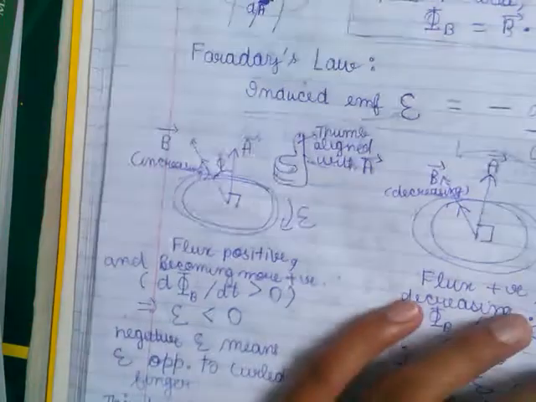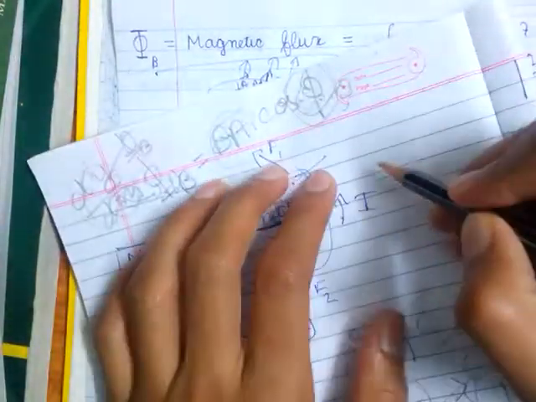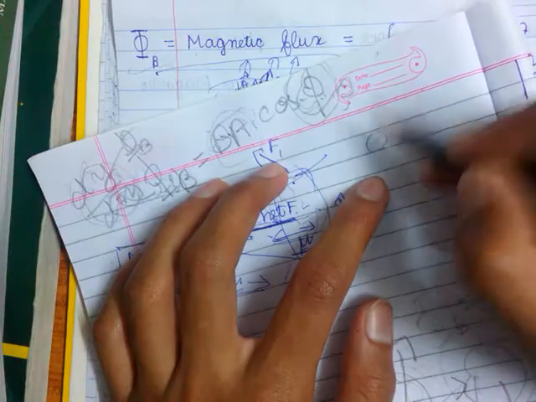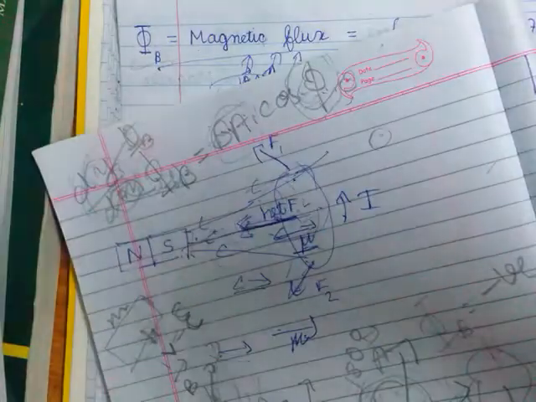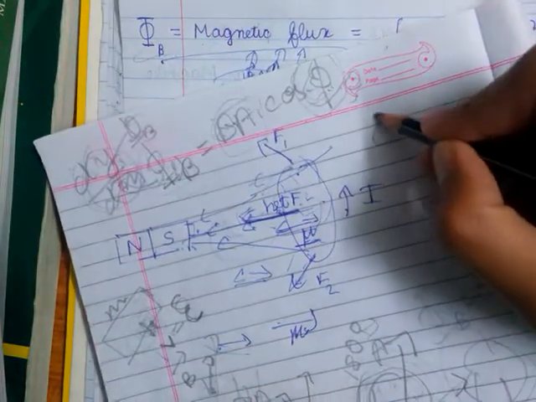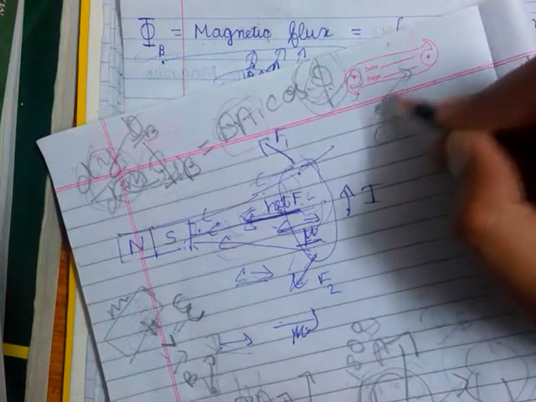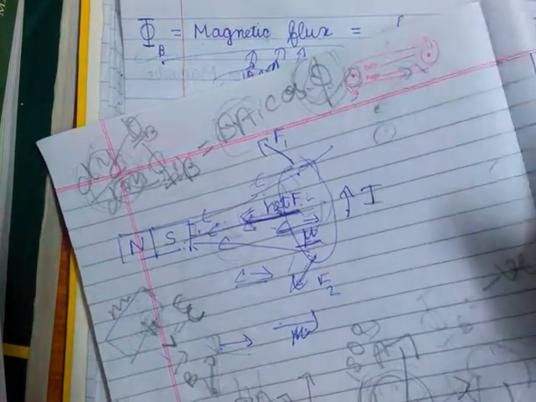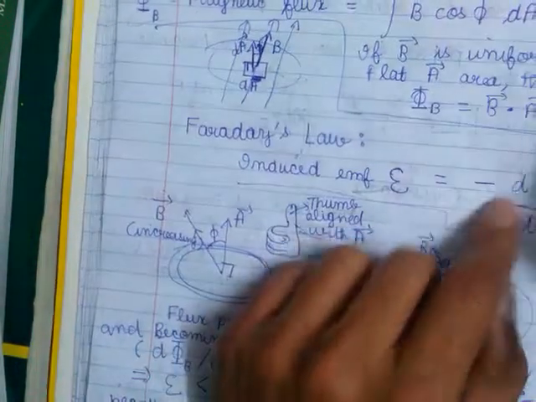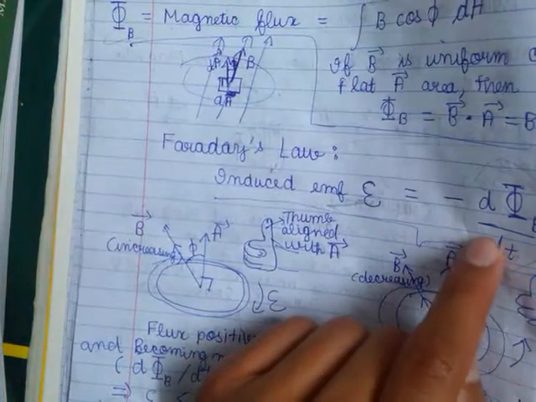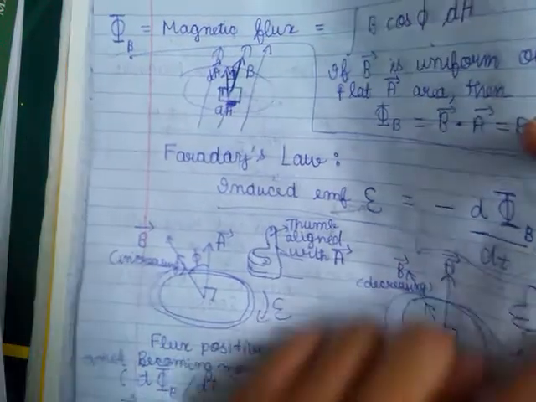Just like the speed is positive when we covered positive distances in time intervals, the rate of change of magnetic flux would be positive when the change in magnetic flux is positive.